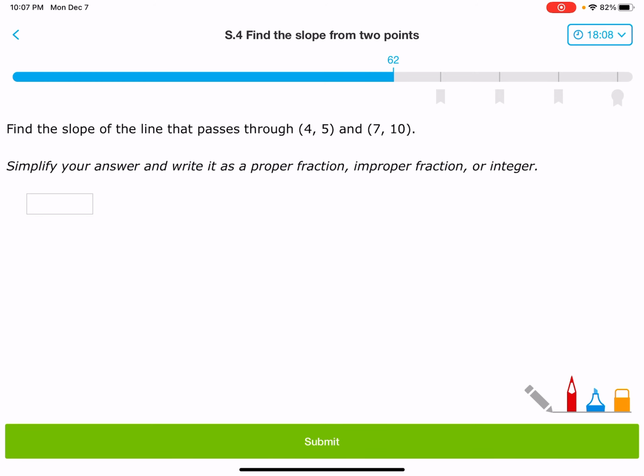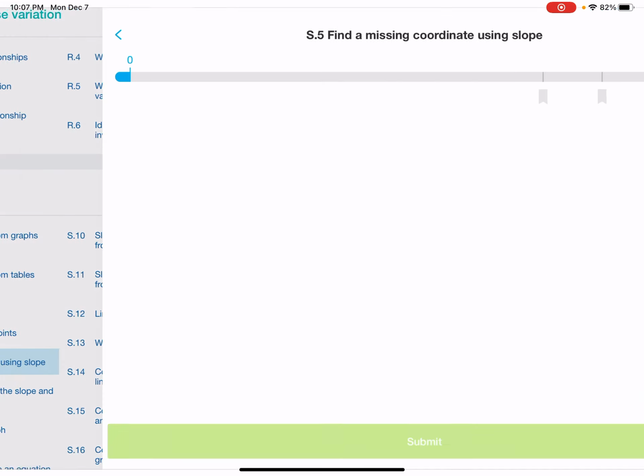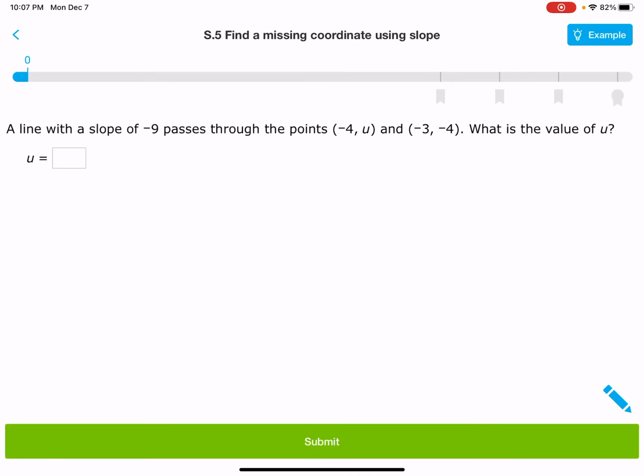Let's move on to the next problem. It's kind of the same thing, but now we know what the slope is, but we don't know what one of the points is. So we're going to solve it algebraically. We use y2 minus y1 over x2 minus x1.